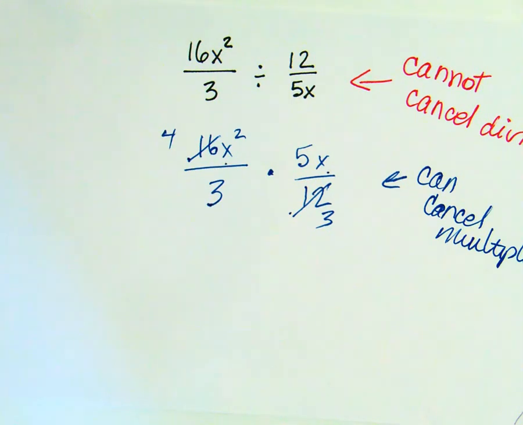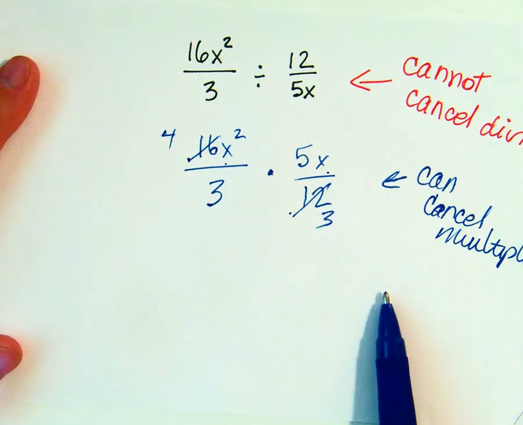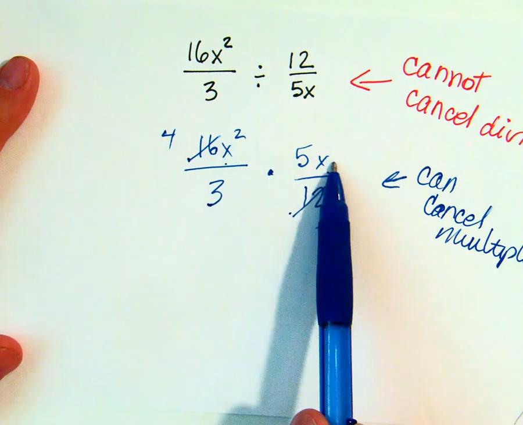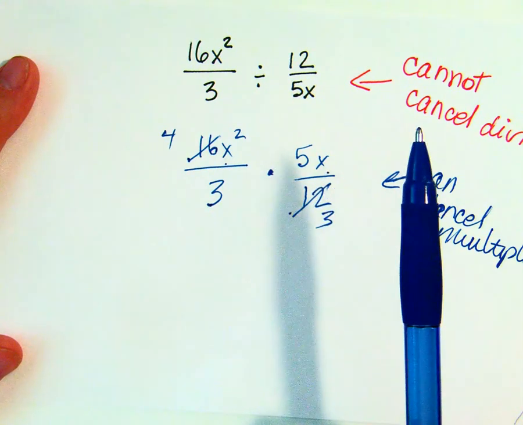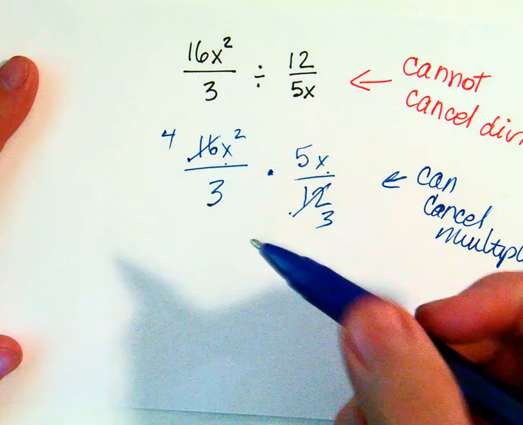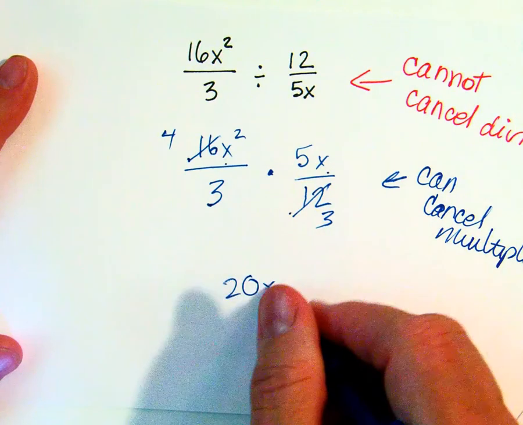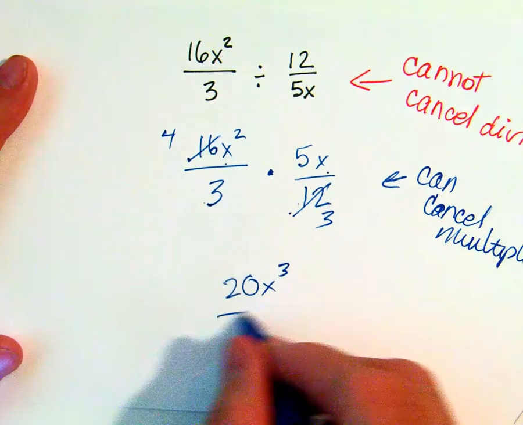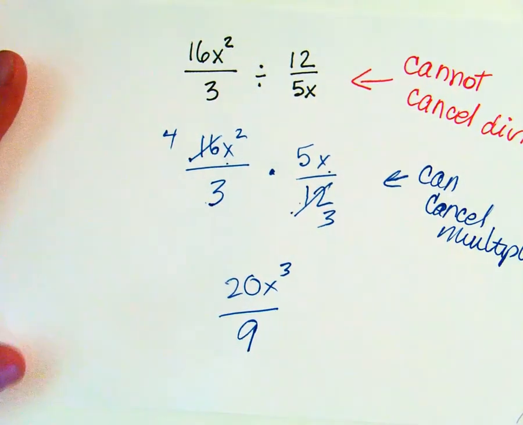You can cancel multiplication. There's not much you can cancel here. The x's are both in the numerator. They won't cancel. So it's 4 times x squared times 5 times x, which is 20x cubed. And 3 times 3, which is 9. That's all you can do. So next up, give these a try.